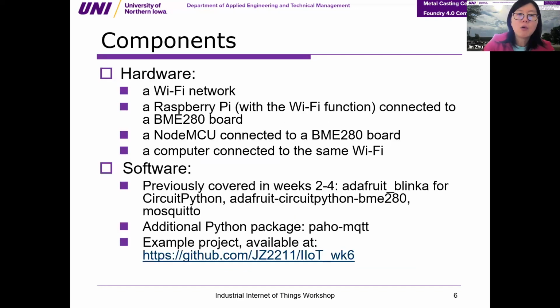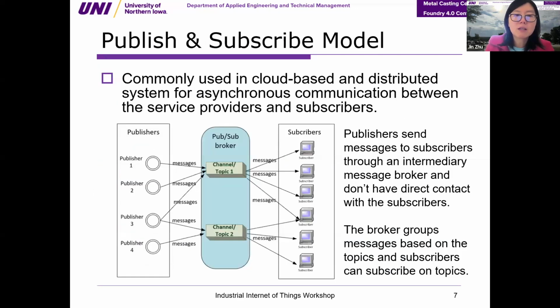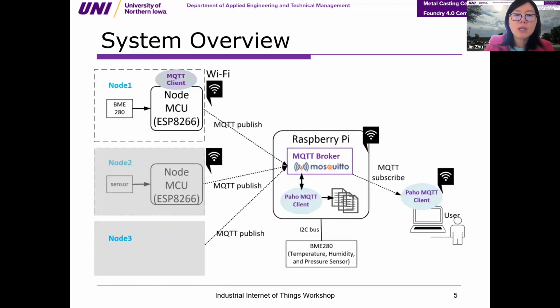One is the publisher on the Raspberry Pi itself, to publish data whenever it reads the data from the BME280. Another publisher is the NodeMCU, which is going to publish data, again read from the BME280.